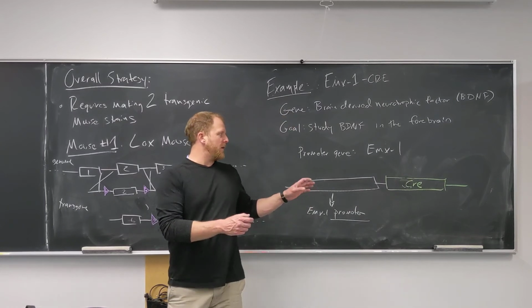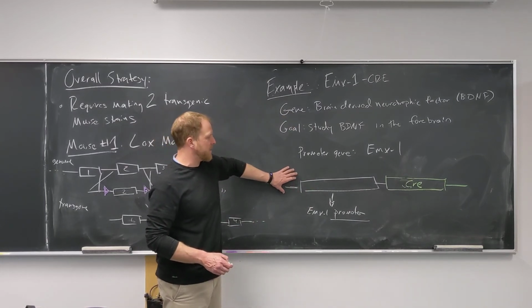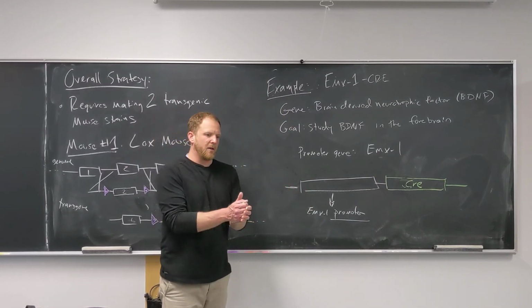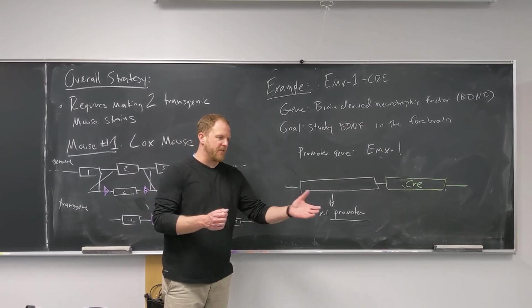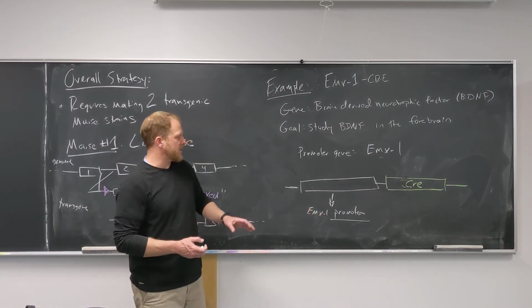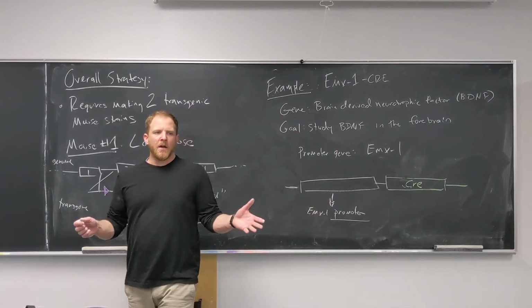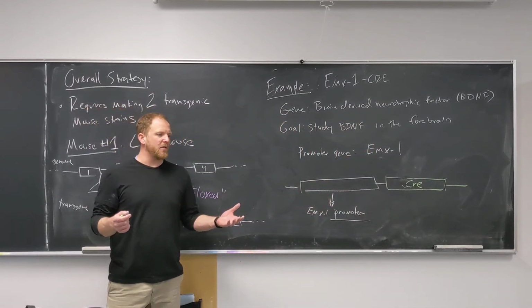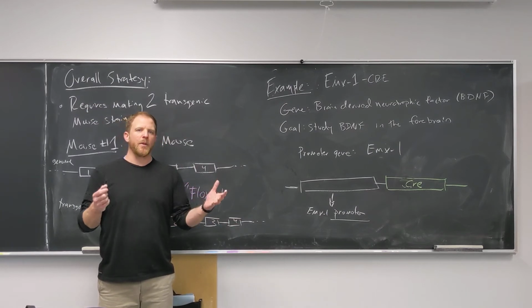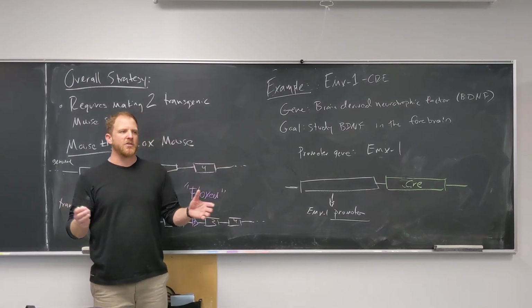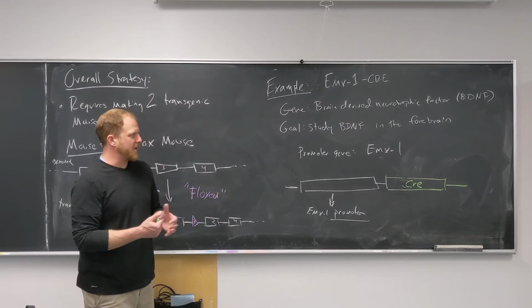There are a variety of methods to make this Cre mouse, ranging in specificity. One way is to take something like this and insert it randomly into the genome, something akin to what you'd see in transgenic plants, with random integration of the transgene, which can have its limitations.